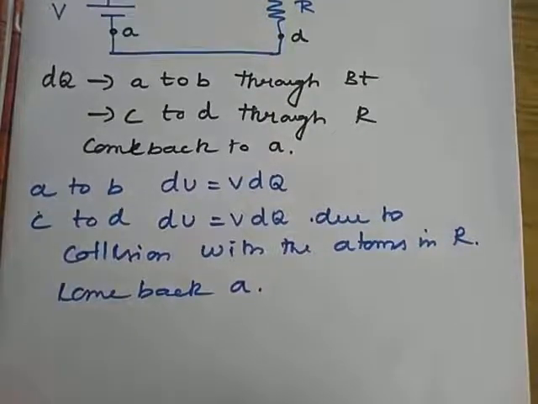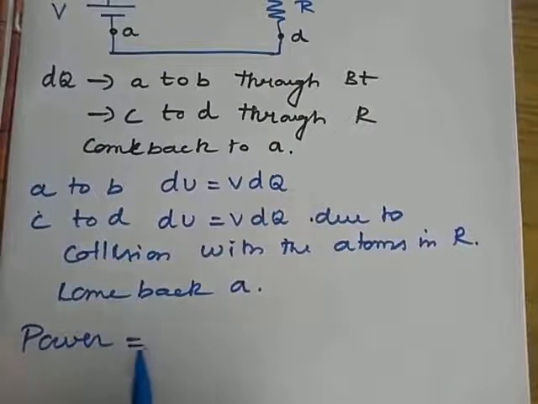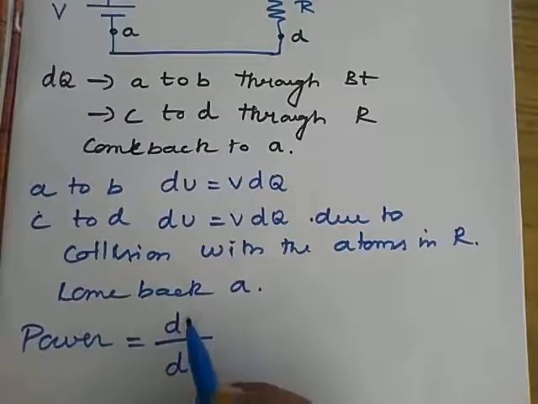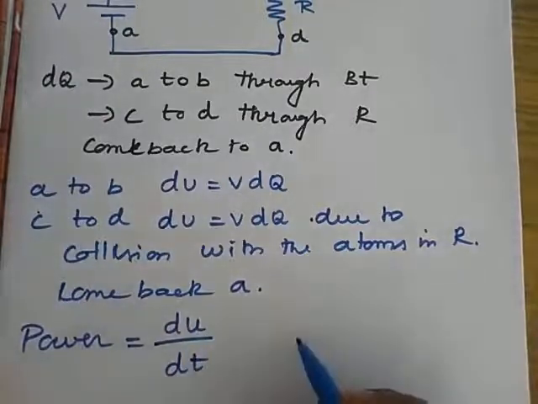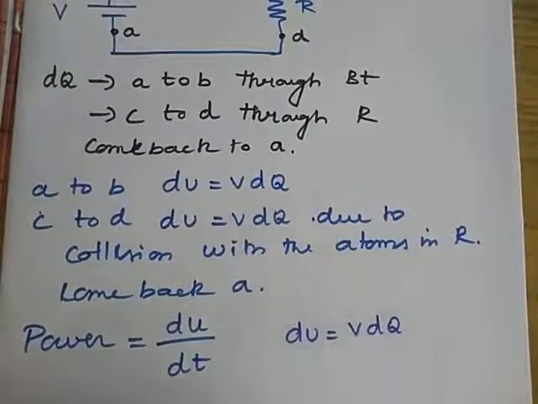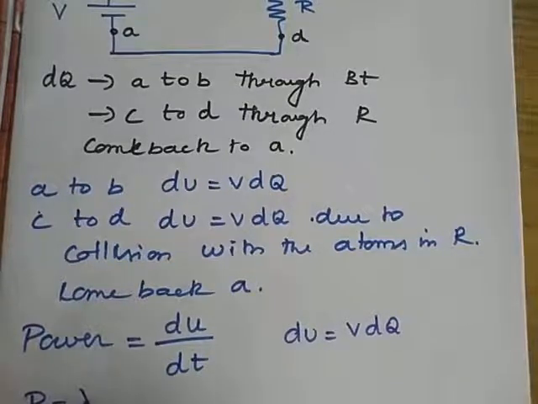Here we will find the rate at which the charge loses its potential energy. That is nothing but power. Power is the rate of doing electric work, or the rate at which the potential energy is delivered. Rate means with respect to time. We know dU is equal to V dq, so power can be written as V dq by dt.